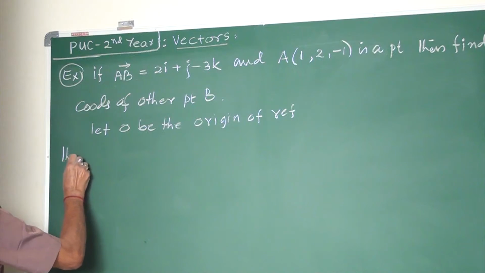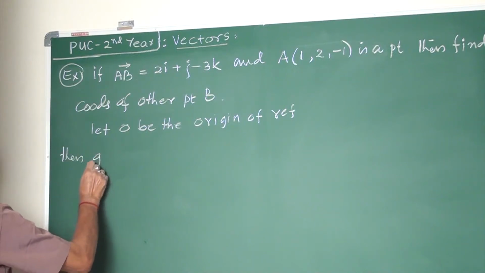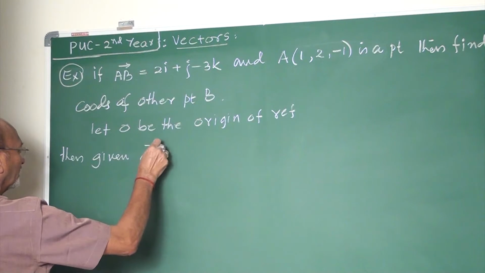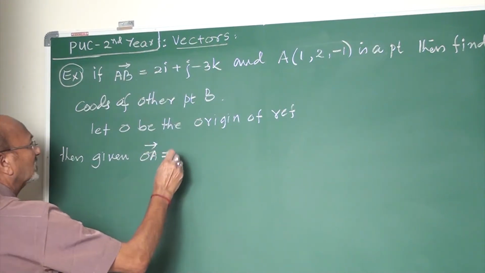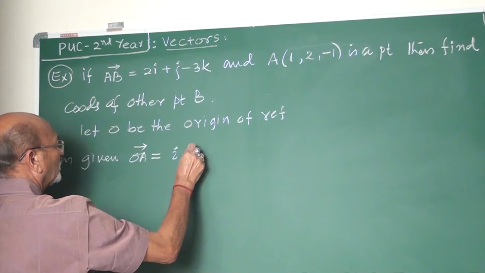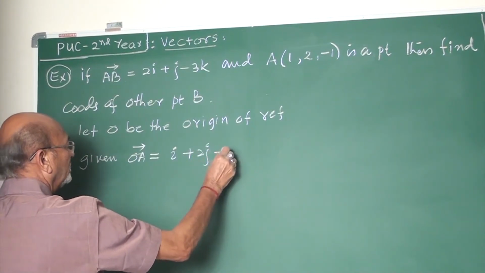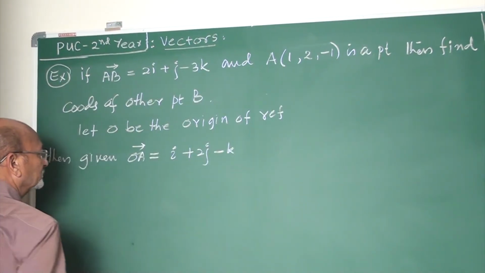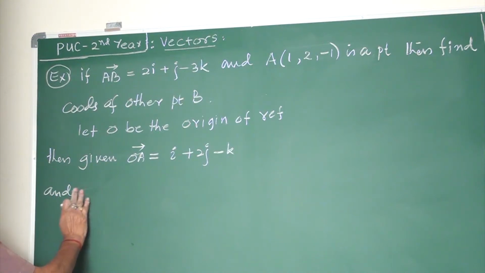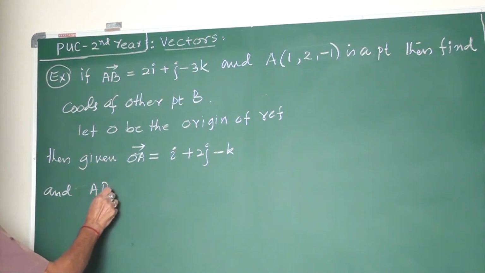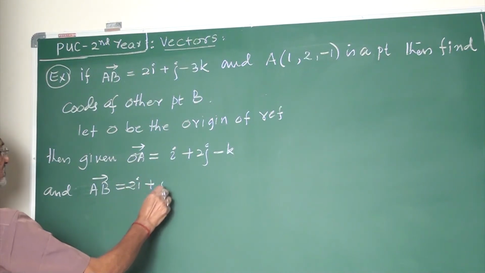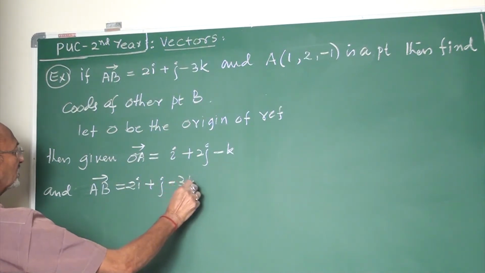Then given vector OA is 1 into i plus 2 into j minus 1 into k, and given vector AB is 2i plus j minus 3k.